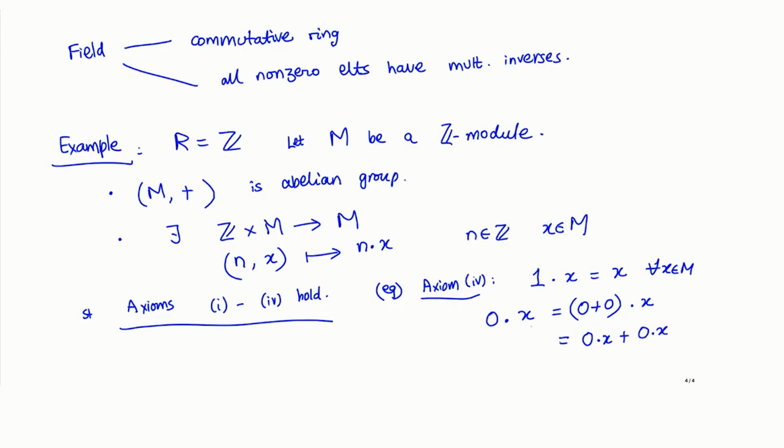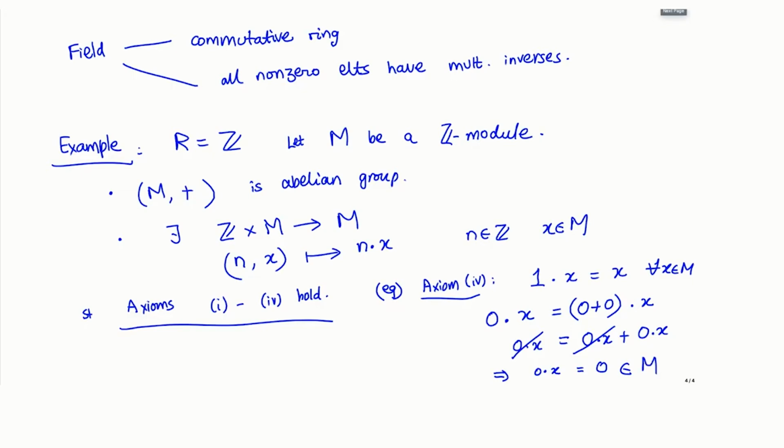So 0 dot x is the same as 0 dot x plus 0 dot x in the module M, and of course M is an abelian group. So I can cancel these two elements. In other words, I can add the inverse to both sides and thereby conclude that 0 dot x must just be the element 0 of my abelian group M.